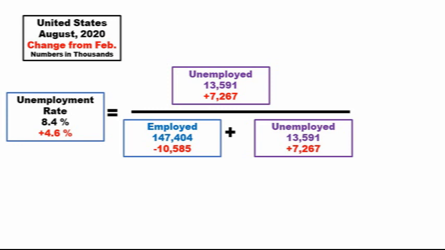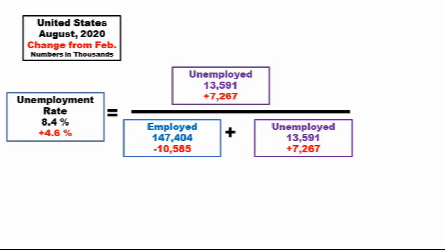The number of employed was 147.4 million persons. This represented a decline of 10.6 million employed people between February and August. That's a 6.7% decline.